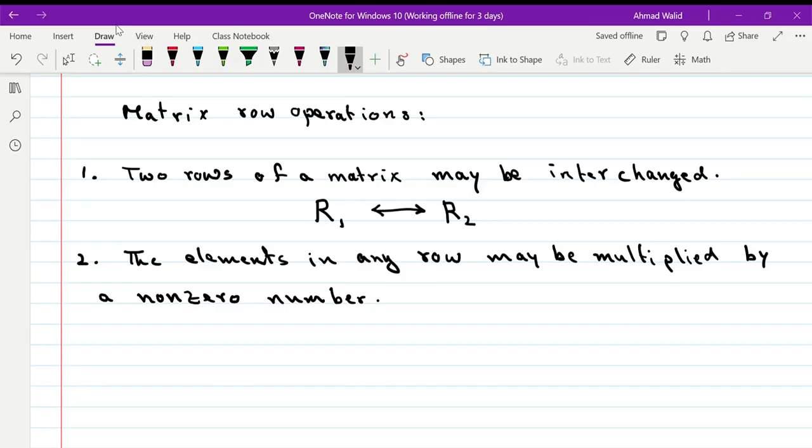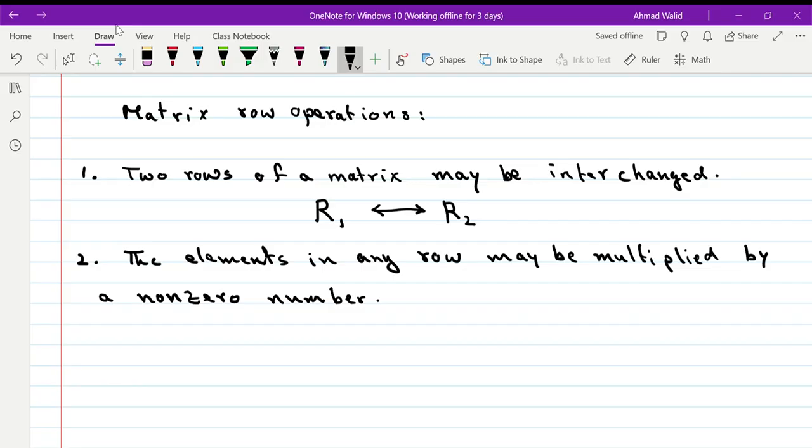You can multiply the elements in any row. Any row. We are again talking about row operation, correct? The elements in any row of a matrix can be multiplied by a non-zero number.